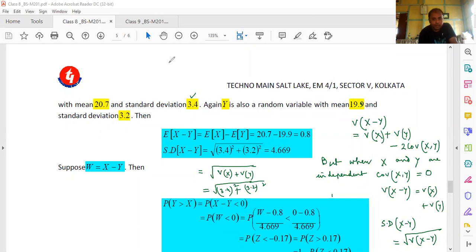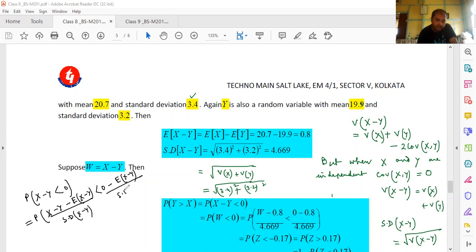Why did they calculate this? Because we have in our hand this inequality, the probability of X minus Y less than 0, but we cannot solve it until we bring a standard normal variable into the picture. So we subtract from both sides the expectation of the variable under consideration, and divide by its standard deviation.